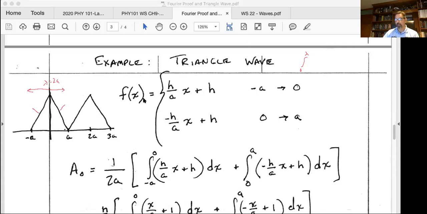What I did is I said the intercept is whatever the height was, which we're calling h here. Then the slope is h over a, positive from minus a to 0, and negative from 0 to a. It just looked easier to get those two values of f of x.